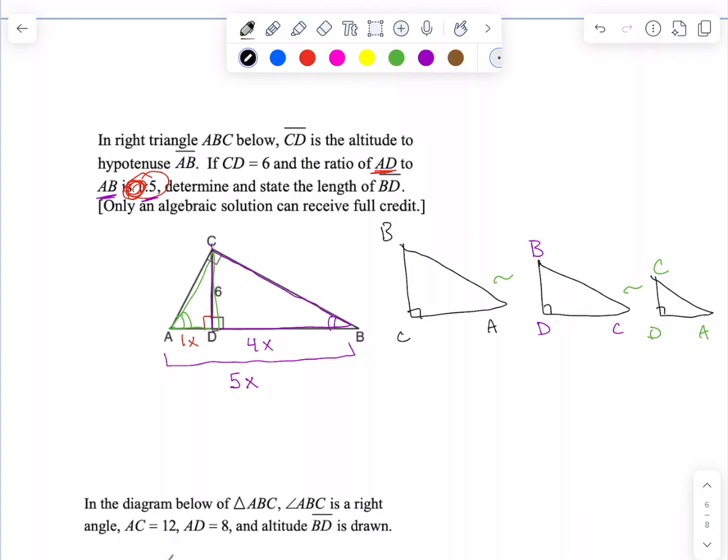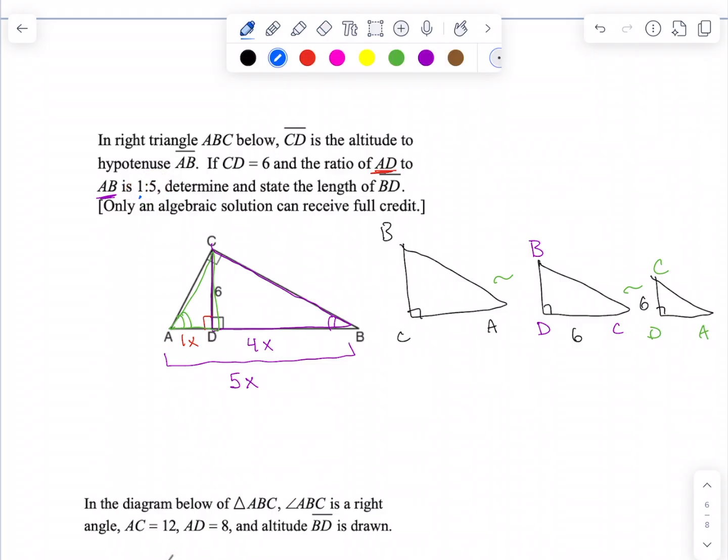So we know that CD is 6. Let me just label that and be careful because it's in 2 spots. And we need to find BD. BD is represented as 4x. Oh, wait. Let's fix this.